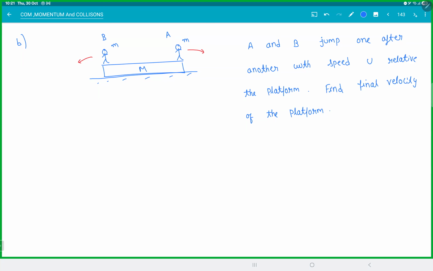So first A jumps. When A is jumping, you can treat B and the plank as one system. Let the speed be v1.